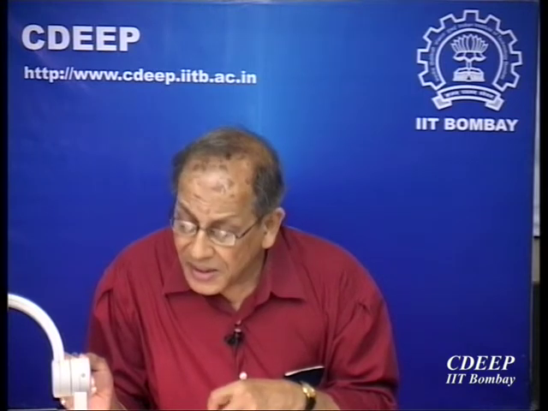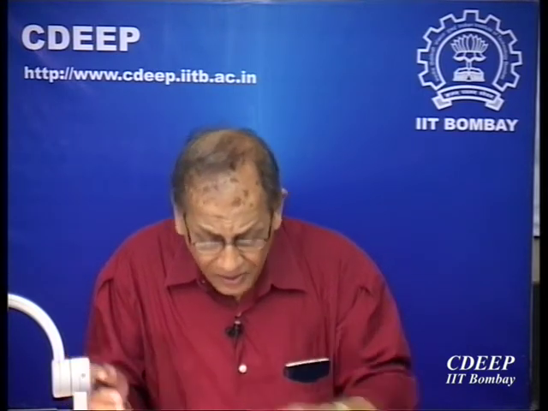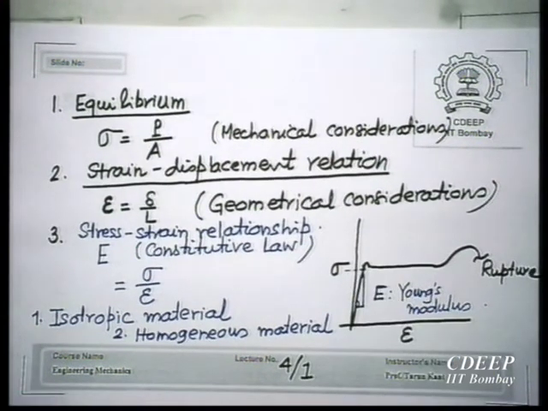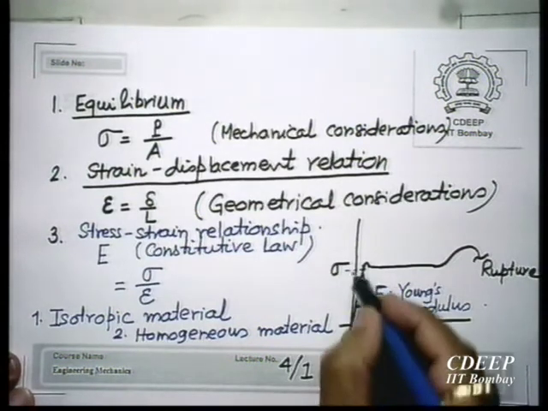So, these three, by the way, I will just tell you something more about this curve, which I have asked you to read on your own. This point up to where it is linear, I think it is, of course, I also forget. Well, these are defined by different points.